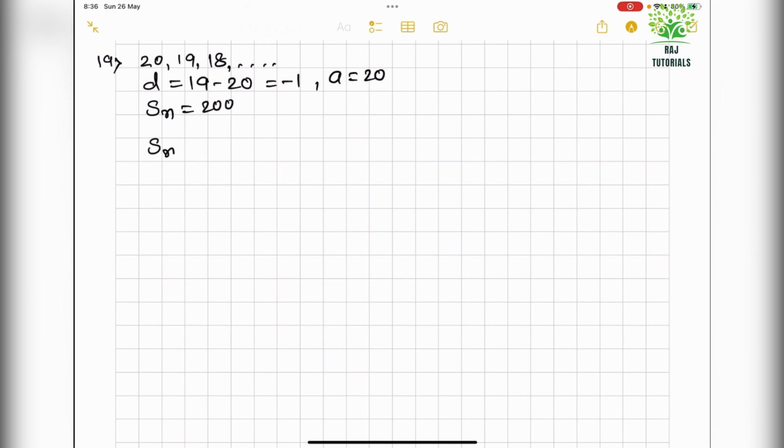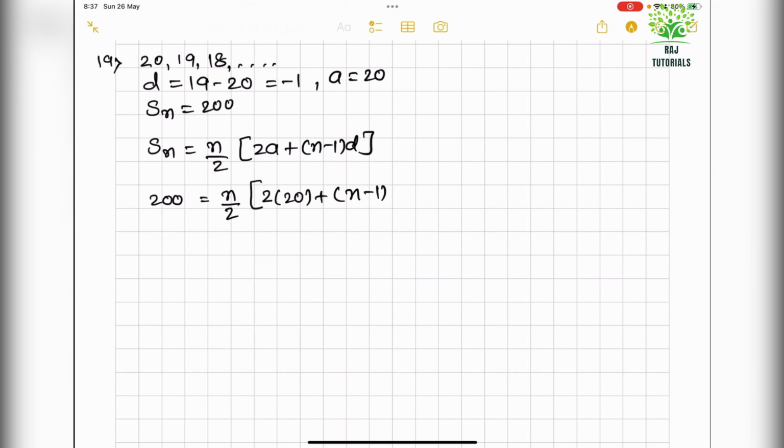So Sn equals n by 2 into 2a plus (n minus 1) d, which is 200. So 200 equals n by 2 into (2 into 20 plus (n minus 1) into minus 1).